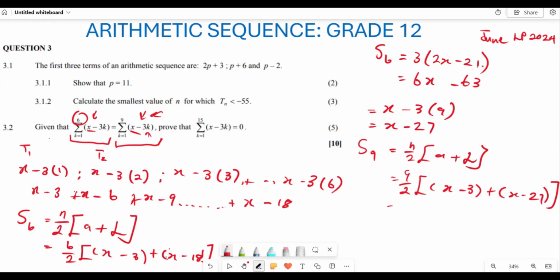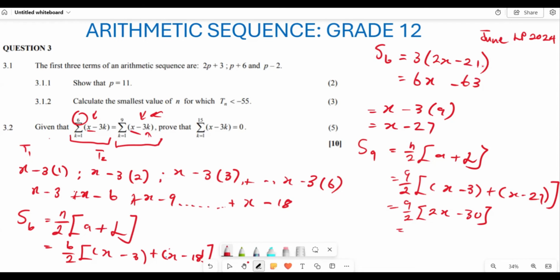From here, this is 9 over 2 into, x and x still give you 2x, right? And then this is going to give you negative 30, right? Then what are you going to have now from here?